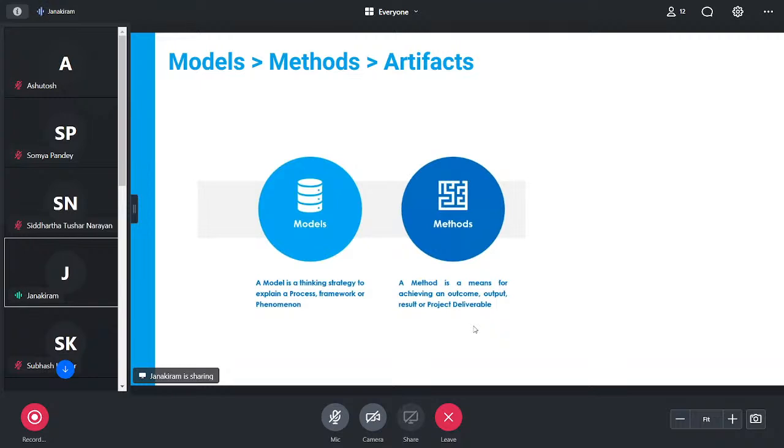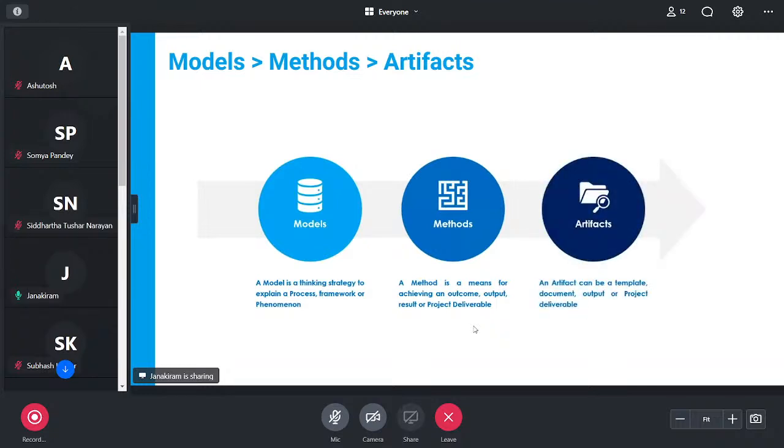It is nothing but tools and techniques. An artifact can be a template, document, output, or a project deliverable. So in the PMBOK 7th edition, you have a complete matrix on different models, what methods can be applied, and what are the artifacts that you are going to get out of it.